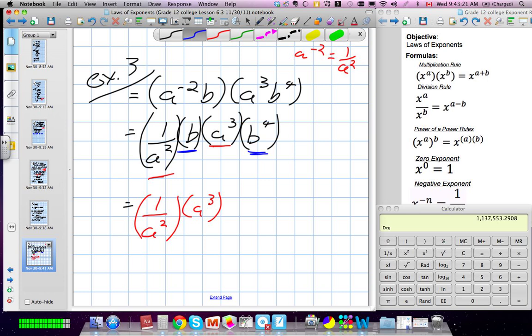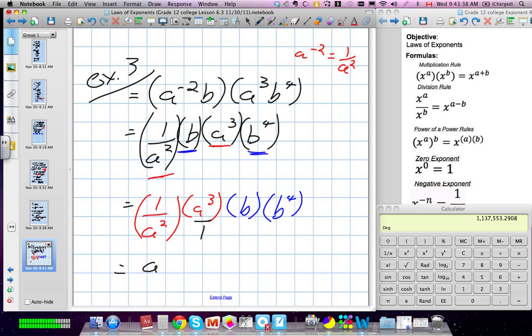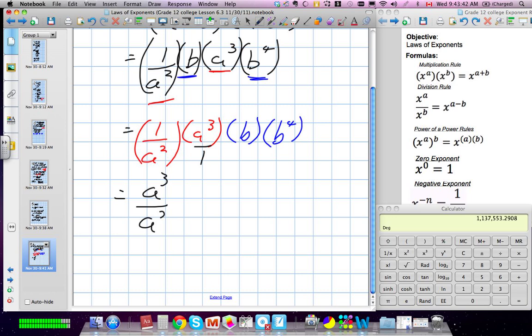Our first one is going to be simplified. I have to multiply fractions. So essentially this is over 1. We multiply top numbers by each other and bottom numbers by each other. So I'll get a to the power of 3 divided by a to the power of 2, which will then be multiplied by b times b to the power of 4.